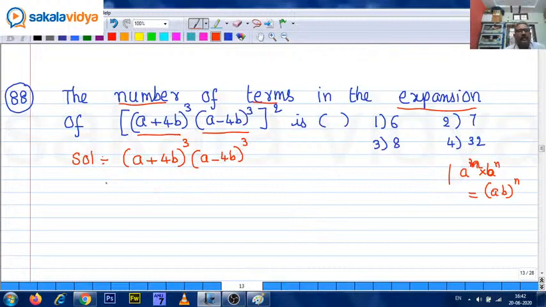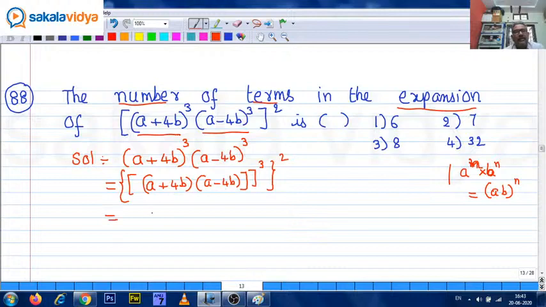So we can write a plus 4b times a minus 4b whole cube, raised to power 2 here.